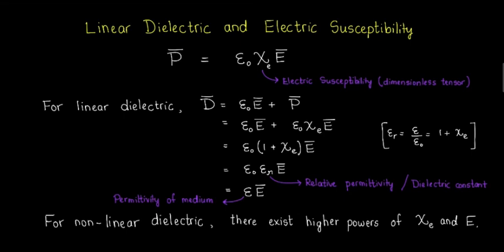All of you know what dielectric constant is. It is given by this formula, the permittivity of the medium divided by permittivity of free space. I can also write it as 1 plus chi e, where chi e is the electric susceptibility. And the product of epsilon naught and epsilon r will give me permittivity of medium.